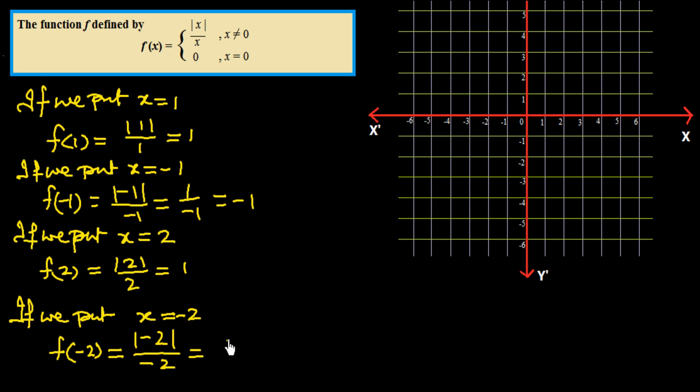Mod of minus 2 is 2, in the denominator there is minus 2, so we get minus 1. So look here, whatever value of x we put, we get either 1 or minus 1, always. And x is equal to 0 is already given, where f of 0 is 0.